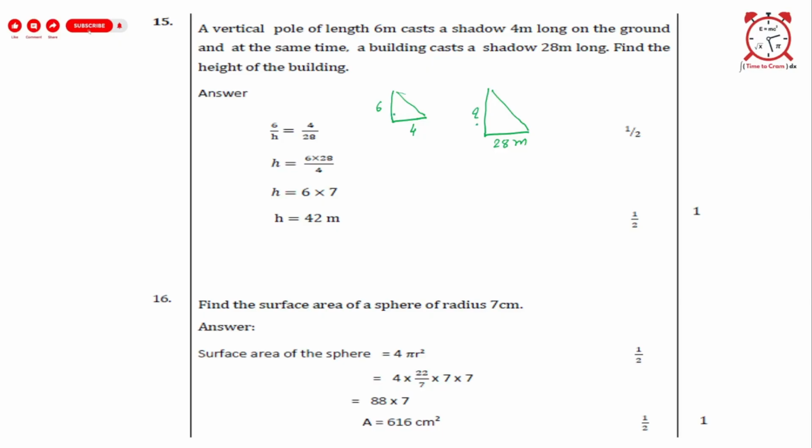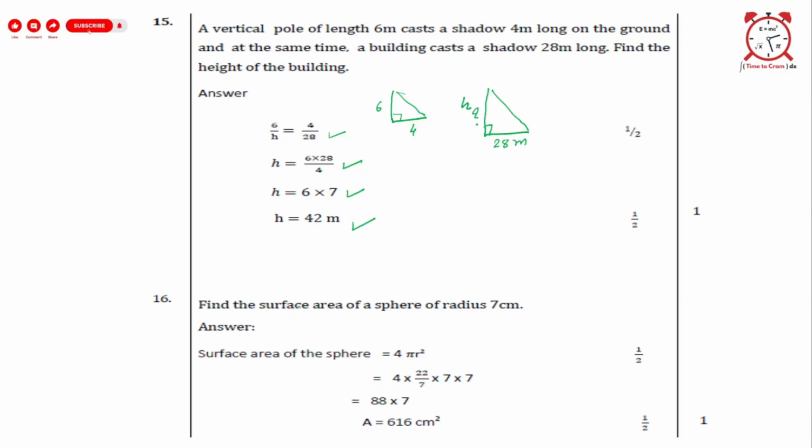Here these are right triangles and they are similar triangles, so we can easily prove their similarity. After that we can take the ratios: 6 by h is equal to 4 by 28. After the transposition we get the value of h equal to 42 meter.